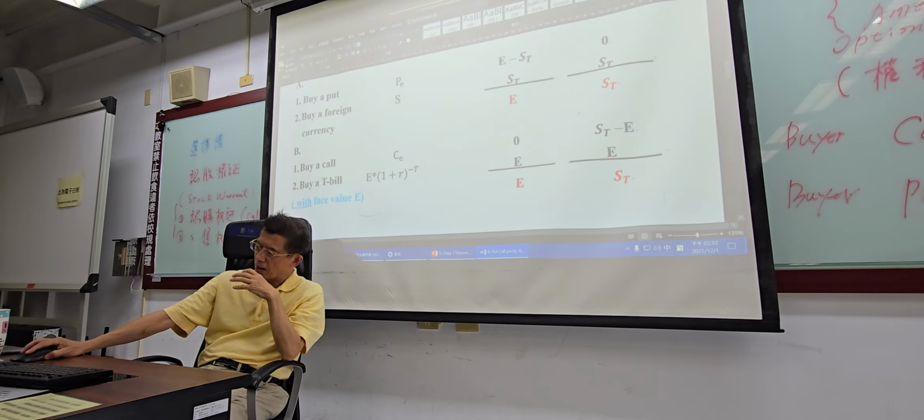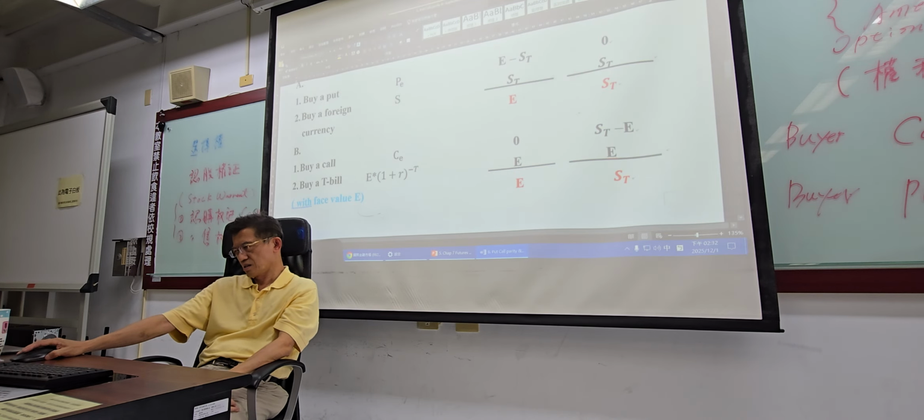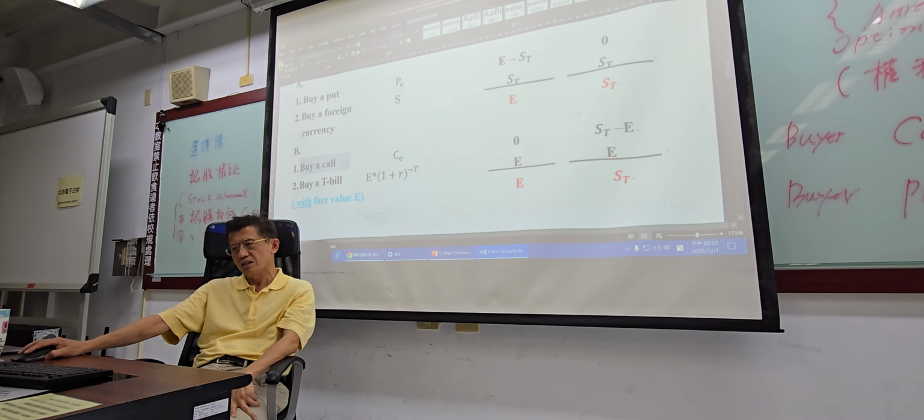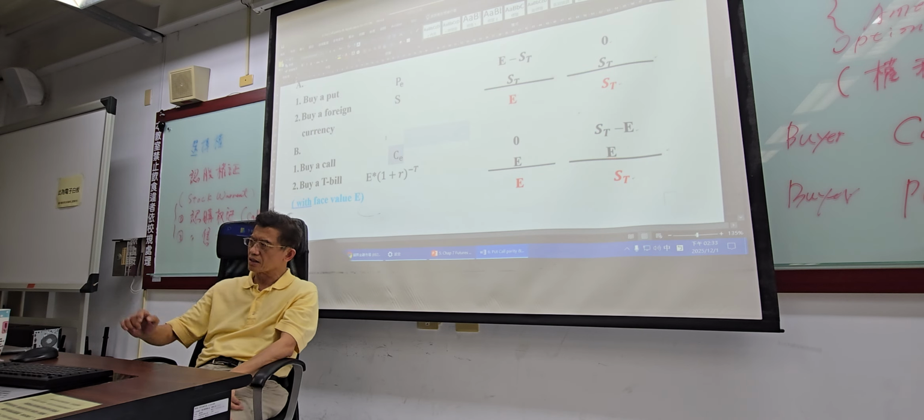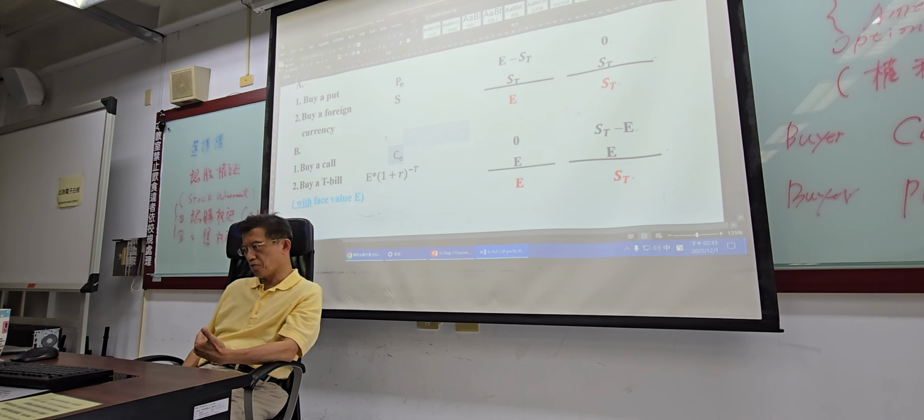What about the construction cost of portfolio B? First step, you buy the call, so you have to pay C sub E, which is the premium of the call option.